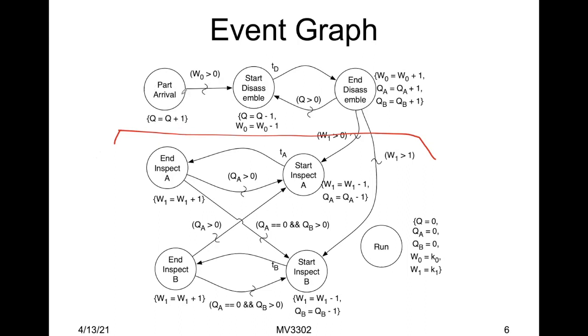When a part arrives, if there's an available worker to disassemble it, we'll schedule a start disassembly, which decrements the number in the queue of the parts and decrements the number of available workers. And when we end that, we now have another available disassembly worker, and if there's another part waiting to be disassembled, then we'll schedule that.